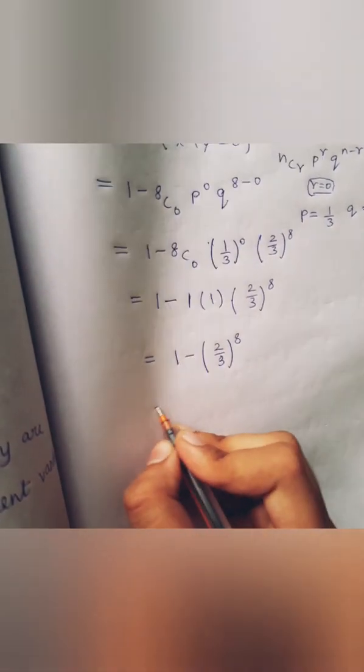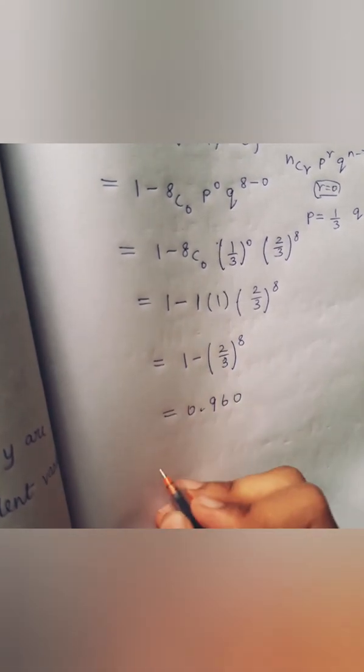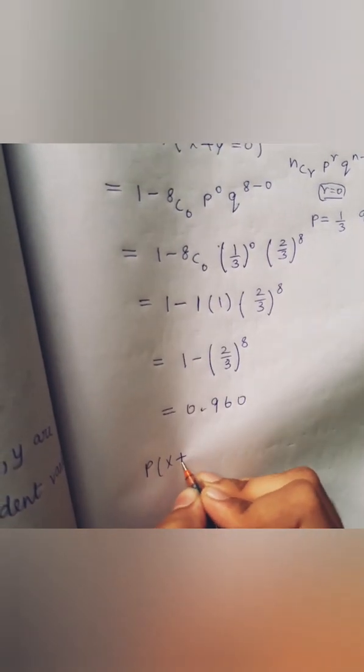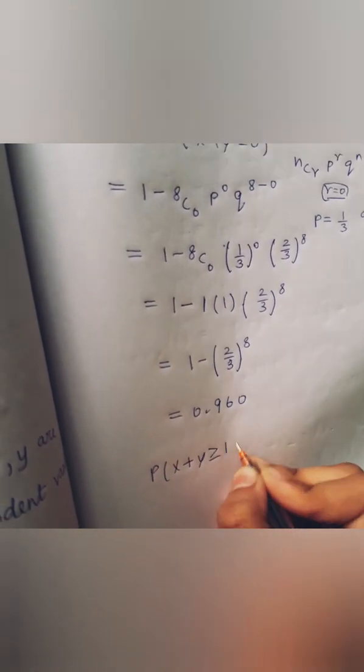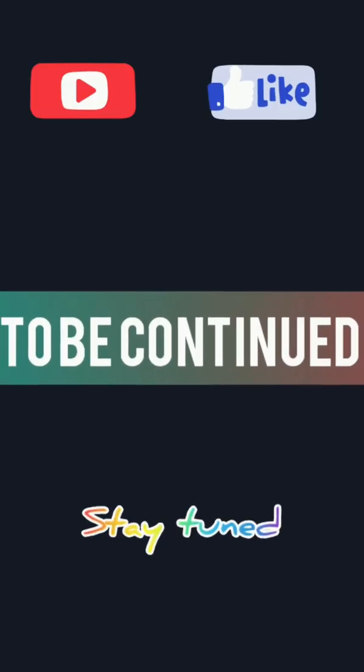Further we have to simplify, it will become 0.960. So the answer will be P of X plus Y greater than or equal to 1 is equal to 0.960. That's it. Thank you guys for your support. To be continued.